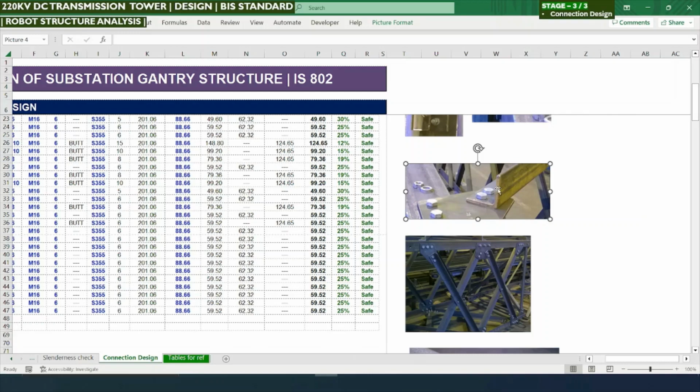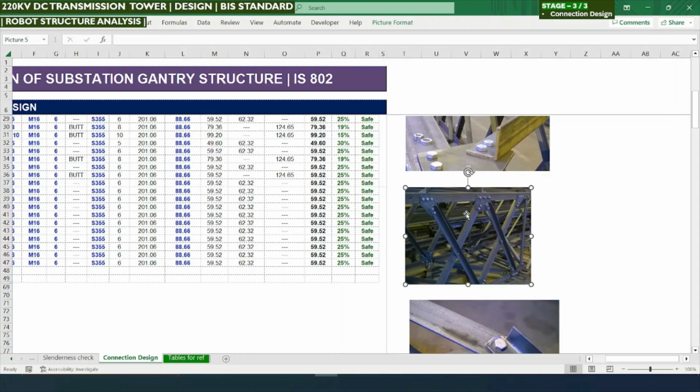This gusset plate connects to the main leg and projects a little outside to connect the bracing, so that the two bolts required for the bracing member to withstand its force can be accommodated with the gusset plate and connected to the main leg member.